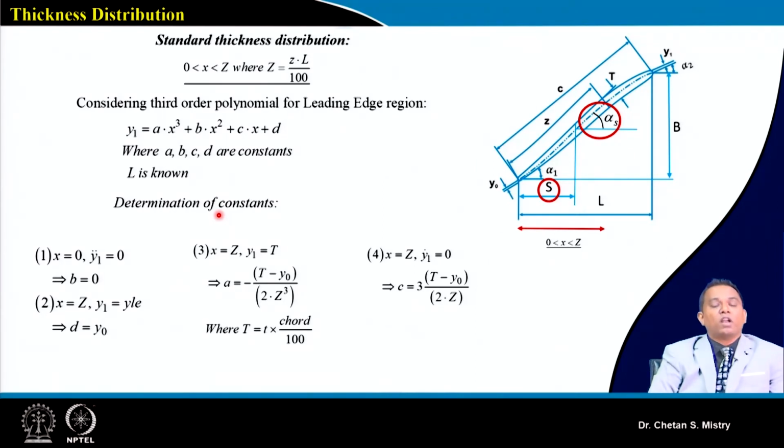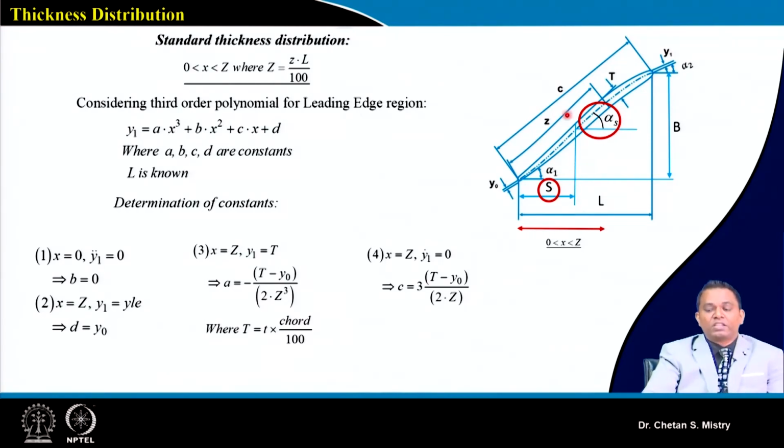So for transonic aerofoils, especially when we are considering the thickness distribution, it is defined in terms of a third order polynomial. Suppose we are considering some location, which is my maximum thickness location.